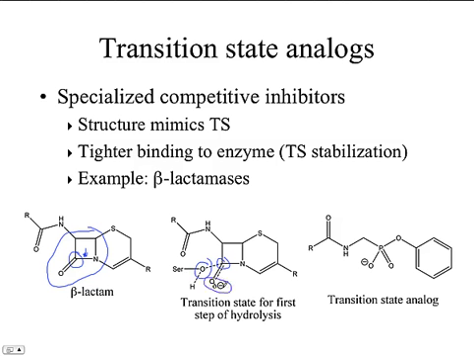So if we wanted to design a transition state analog, we need to have something that has a negative charge, but also something that mimics the tetrahedral intermediate that we're seeing at this carbon right there. Those are the two things that are needed in this transition state analog.